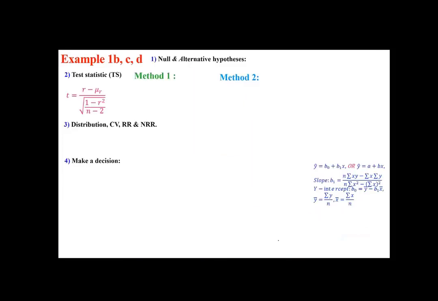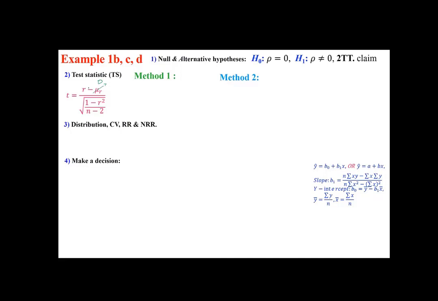So again, I want to look at both methods because I want you to be exposed to both and learn how it's done. So the first method uses T equals R minus mu of R over the square root of 1 minus R squared over N minus 2. And remember, this 0 comes from H0. Okay, so this is H0. Nothing is changed.